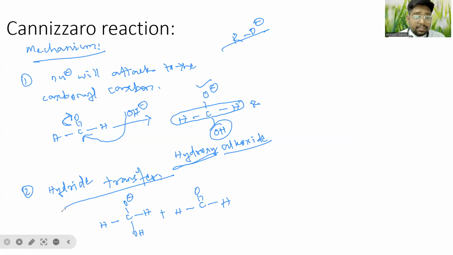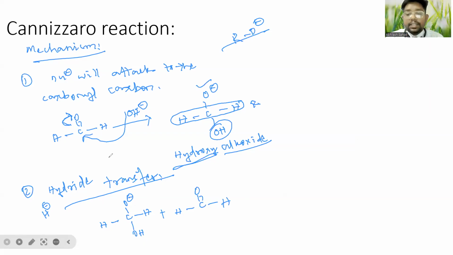What is hydride? Hydride is basically H minus. Meanwhile, while discussing this reaction, I'll be giving you lots of information regarding other things also. Generally, you know that whenever a negative charge comes over any other atom, then we use the suffix ide.